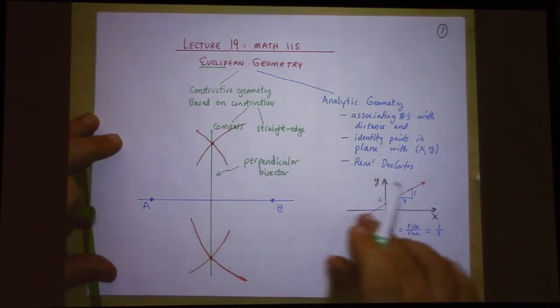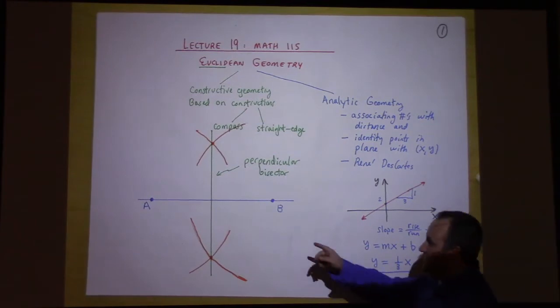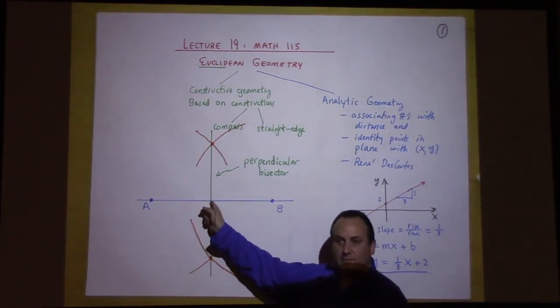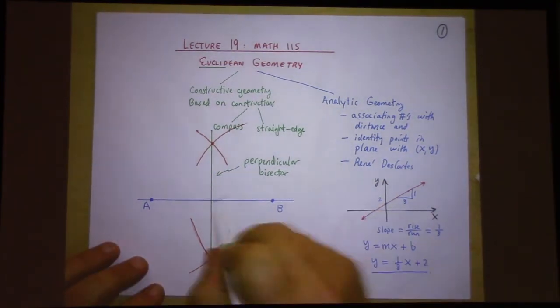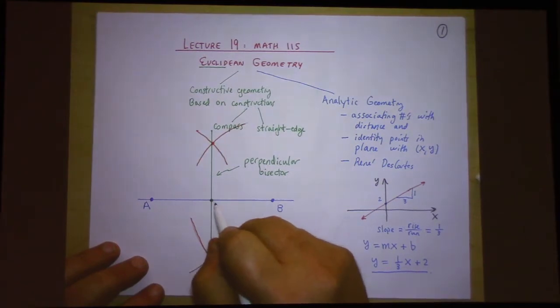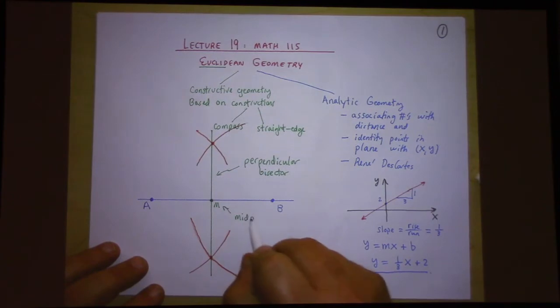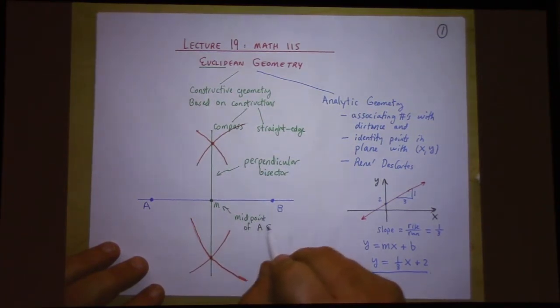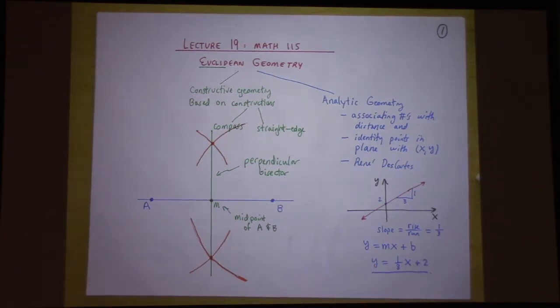And where the perpendicular bisector of the line segment AB intersects the line segment AB, this point right here, that's the midpoint, right? So there you go. This is M, the midpoint of A and B.